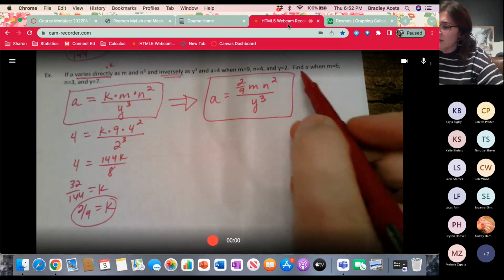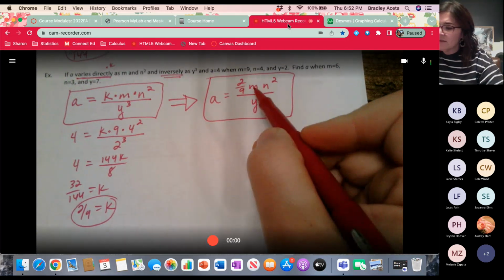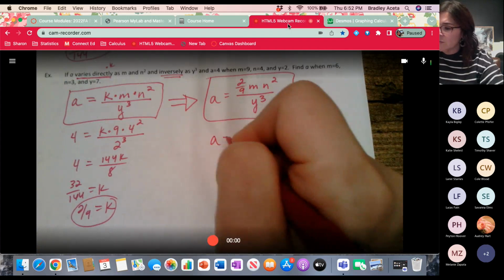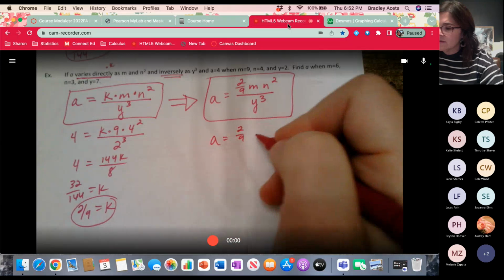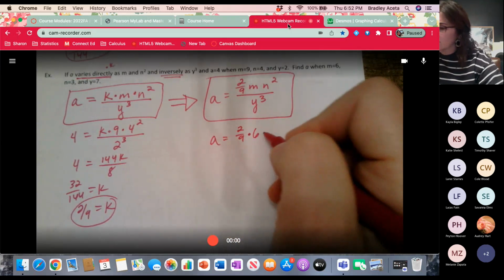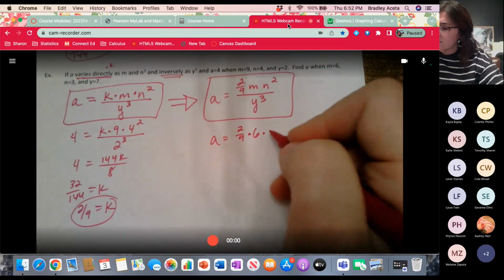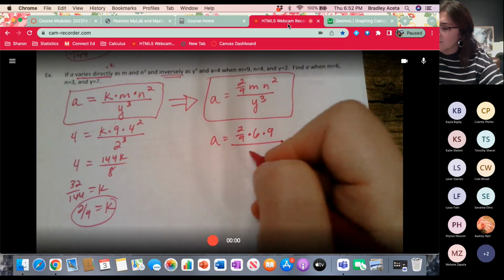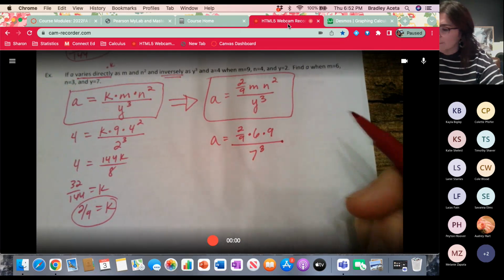And the second half says, okay, find A when m is 6, n is 3, and y is 7. So you just literally put those in, 2/9, m is 6, n is 3, so 3 squared would be 9, over 7 cubed.